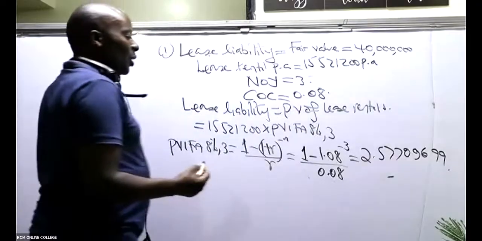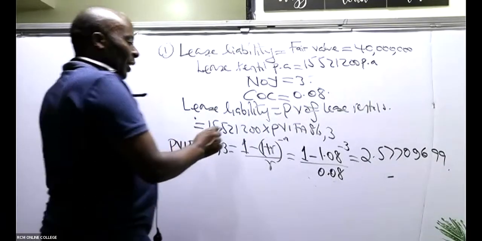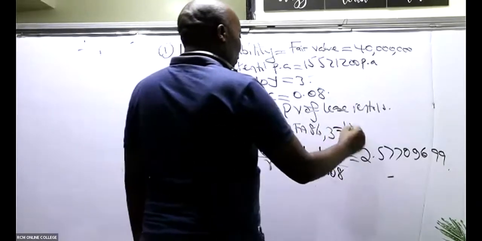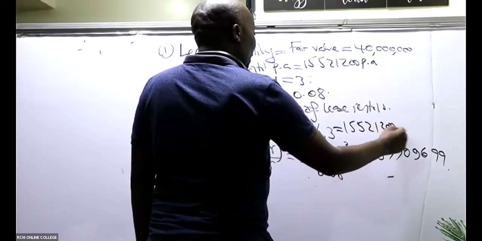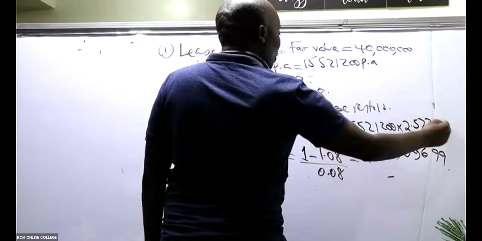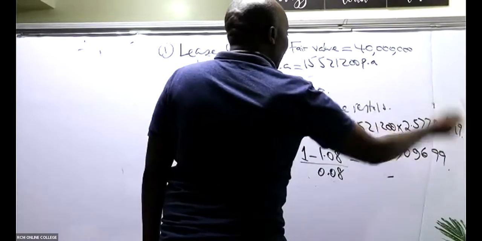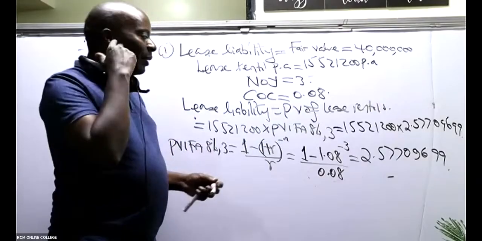Therefore, this lease liability will be the number that we have here, 15,521,200, times this ugly figure, 2.57709699. Is there somebody who is able to give me the lease liability?